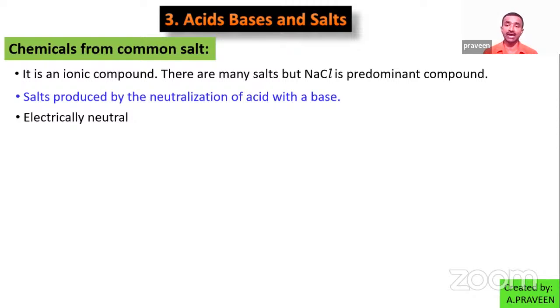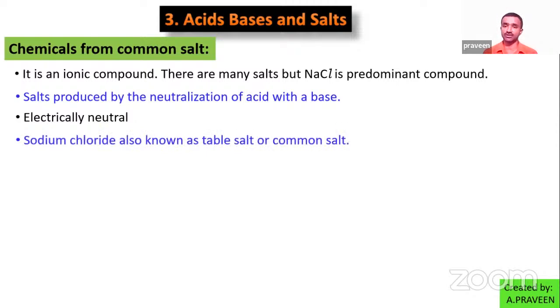Na+ is called a cation and Cl- is called an anion, electrically neutral. Sodium chloride is also known as table salt or common salt. Sodium chloride is the chemical name, and in our daily life, common people call it table salt or common salt.